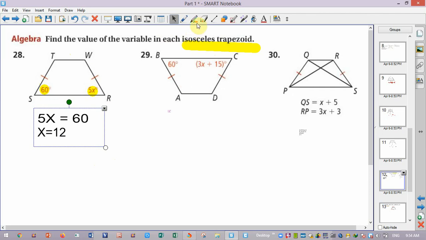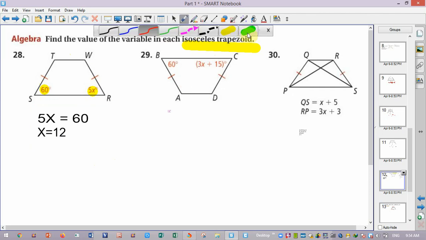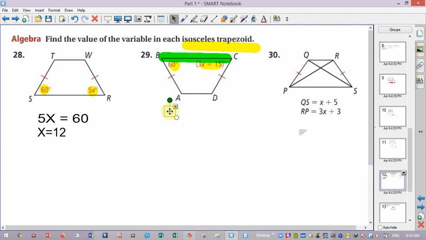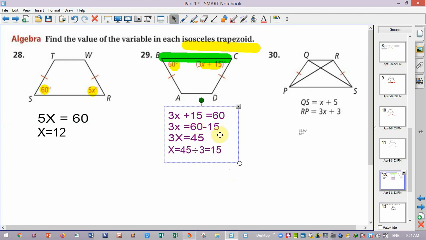What about this one? This is a base, and these are base angles, this one and this one. Then 3x plus 15 equals 60. Solve: minus 15, it will be 45, divide by 3, it will be 15.